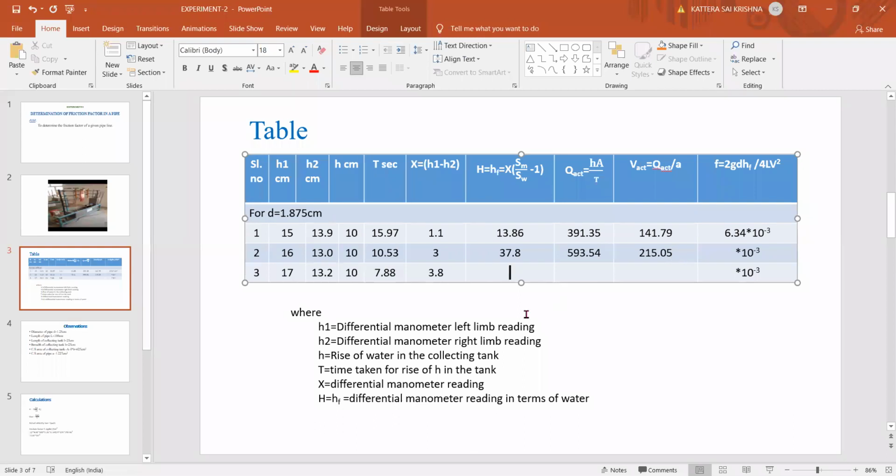For the last reading, H value. Who will tell? Raghuveer, 301. 301 Raghuveer. Yes, sir. Tell the first value, H value.